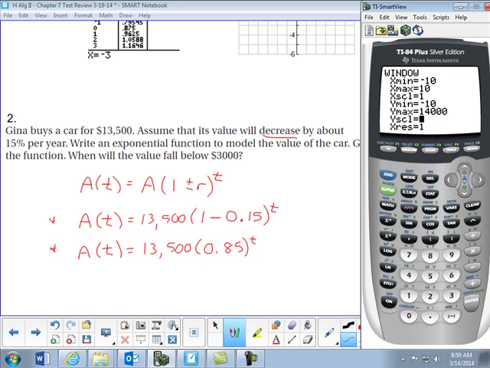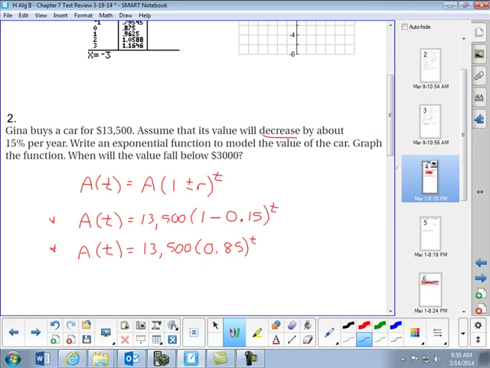And I'm going to go by a scale of 2,000. And now I'm going to graph it. Okay, sorry, did not draw that straight line right.